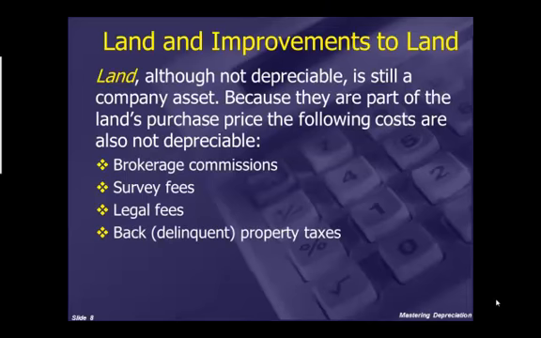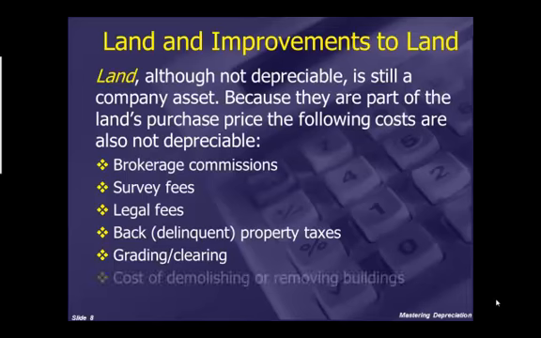If there are any back or delinquent property taxes, real estate property taxes that are in arrears when we purchase the land, they are added to the cost of the land. Any grading or clearing of the land in order to get it smoothed out, to get it ready for our intended purpose, whether it is putting a building on it or a parking lot, those are costs that add to the cost of the land for purposes of the accounting records.